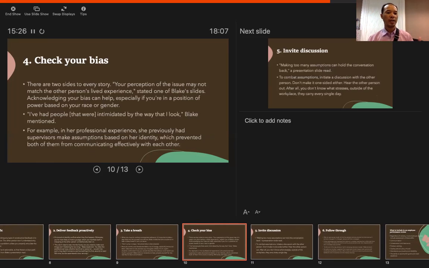Actually, there are two sides in every story. Your perception of the issue may not match the other person's lived experience. Acknowledging your bias can help. The bad way is when someone has a super ego and doesn't listen to others.